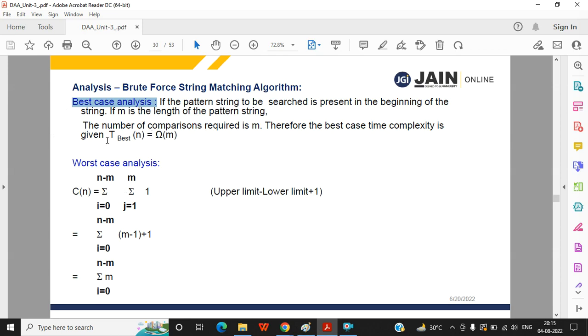So what is the best case? Omega of m. Omega means the lower bound.